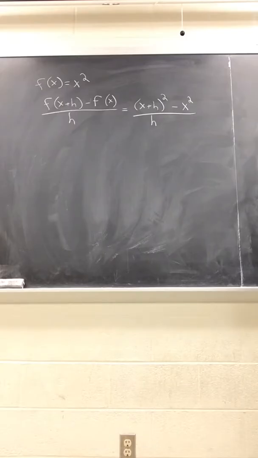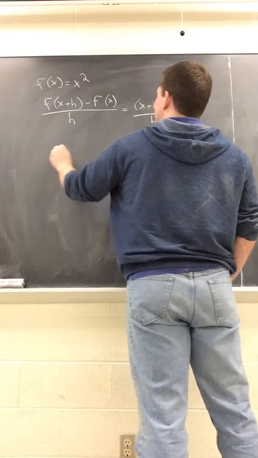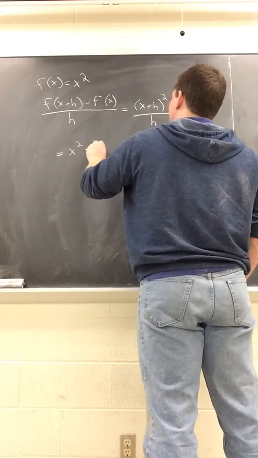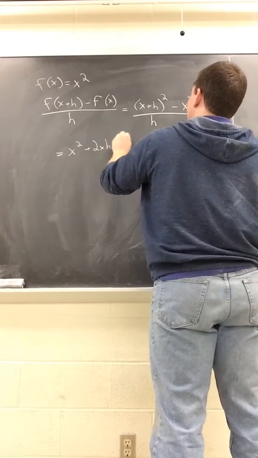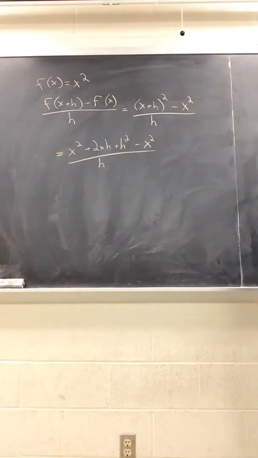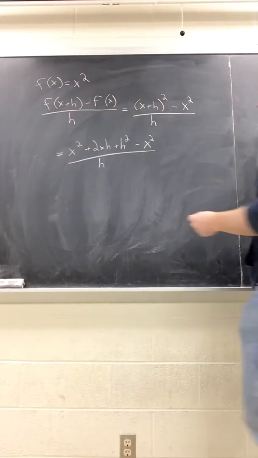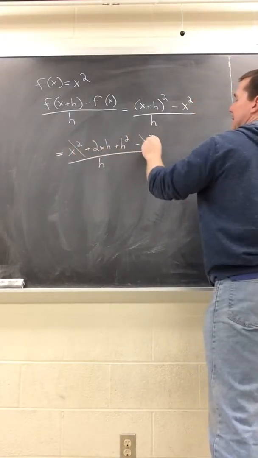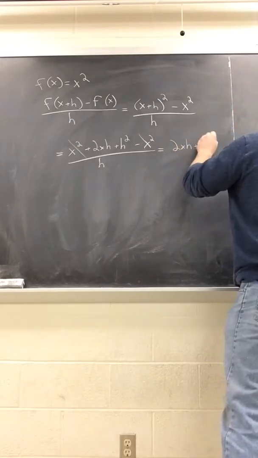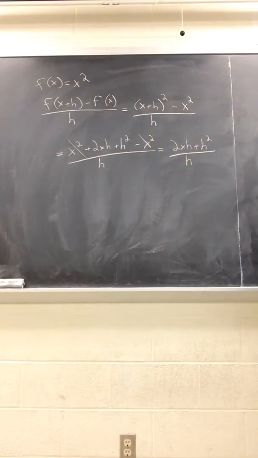That's it right there. But here we can do algebra and simplify all this out. So let's see. FOIL that, and you'll get x squared plus 2xh plus h squared minus x squared all over h. Now, x squared minus x squared cancel, and we're left with 2xh plus h squared all over h.